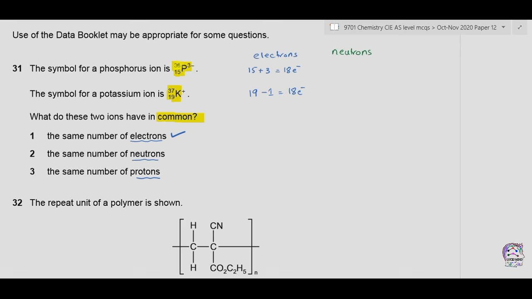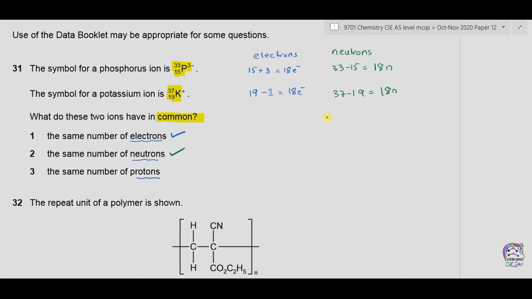Now number of neutrons can be found by subtracting atomic number from mass number. So we have 18 neutrons for phosphorus. Similarly, we have 18 neutrons for potassium. So 2 is also correct.